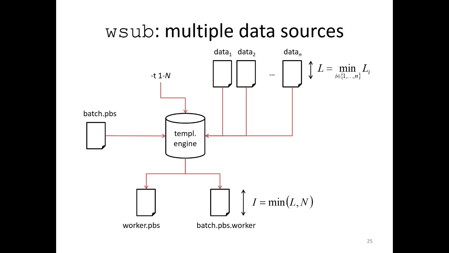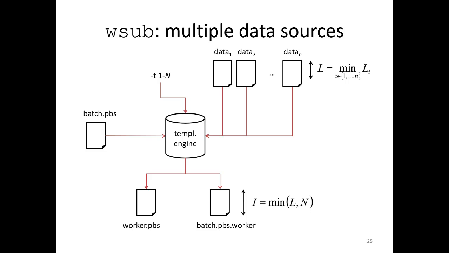So another thing which you can do is use WSUB, but use multiple data sources. So for instance, you have a number of files, data 1, data 2 to data n, and all of those contain data, and each row of all those files needs to be used. And this again, you can do easily.